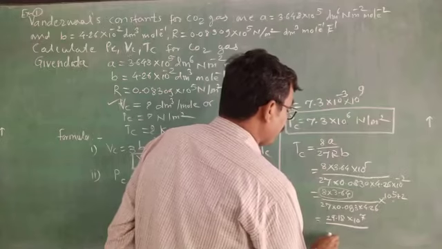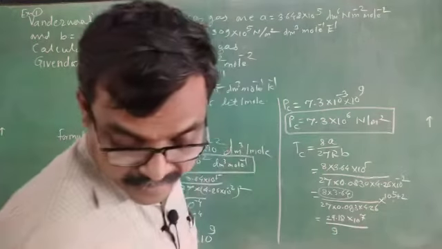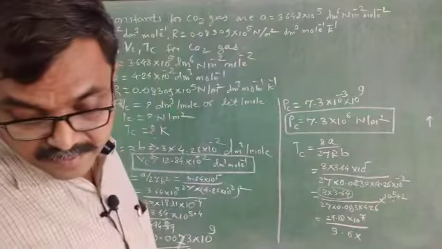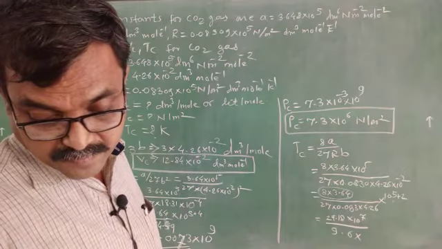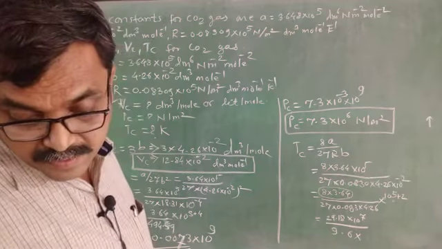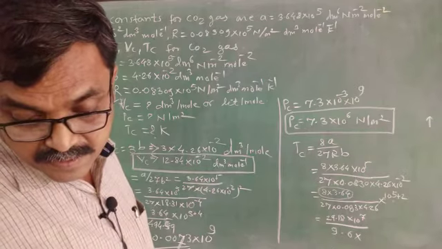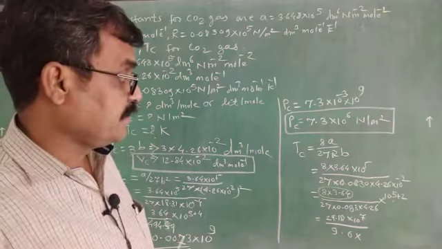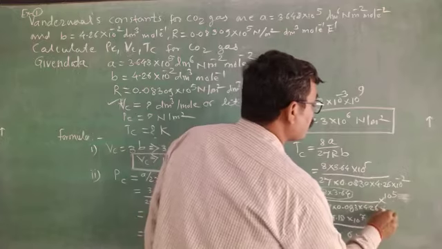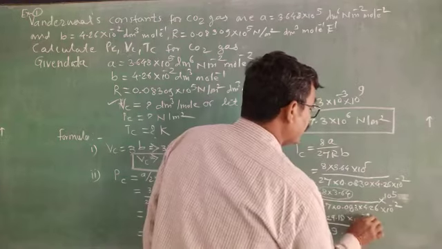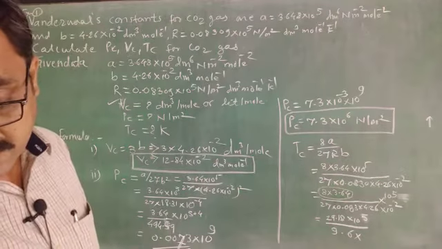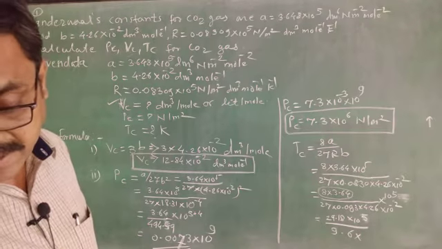Okay, that's why 9.6 into... instead of this you may solve in this way, minus 2 maybe at the numerator, it will be 5, then it will be 9.6 into 10 raised to power 3.